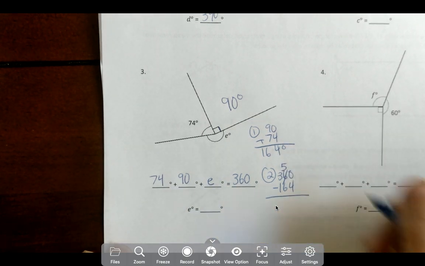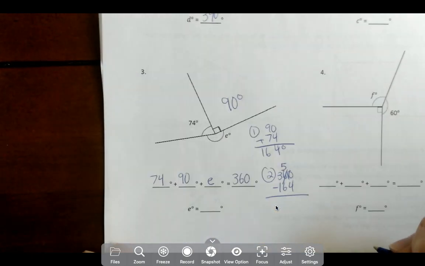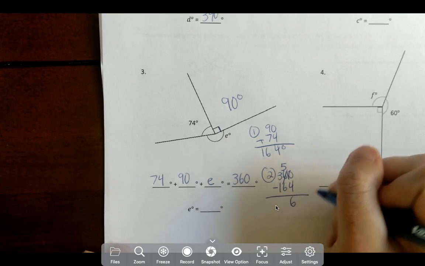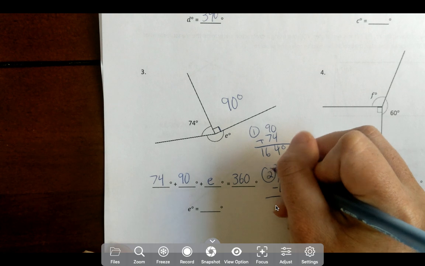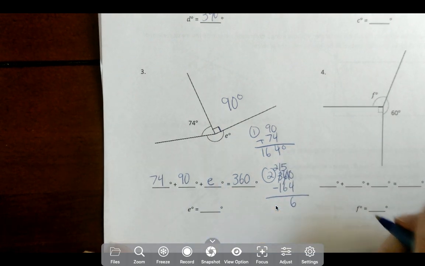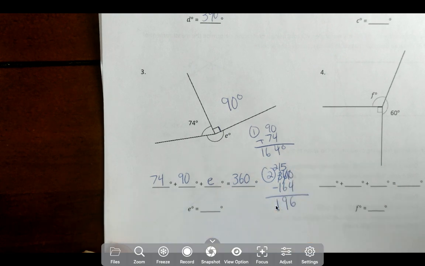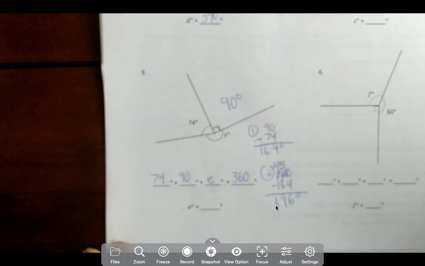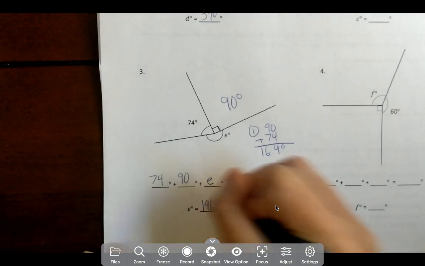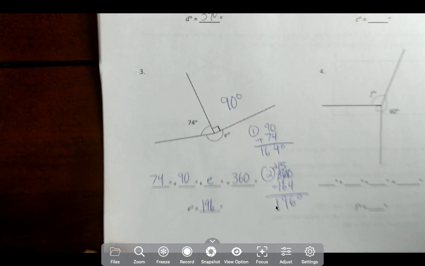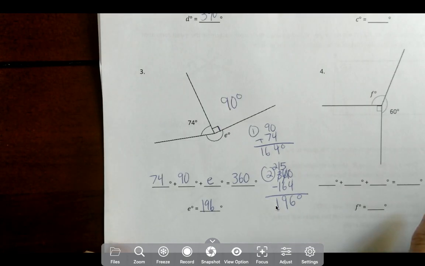Borrow from the 6, make it a 5. Now 10 minus 4 is 6. 5 minus 6 we cannot do, so we have to borrow. 3 becomes a 2, 5 becomes a 15. 15 minus 6 is 9. 2 minus 1 is 1. So 196 is our answer. So that was number 3.